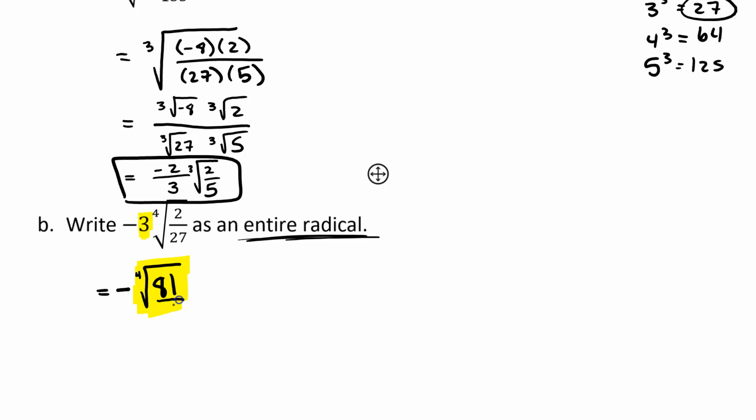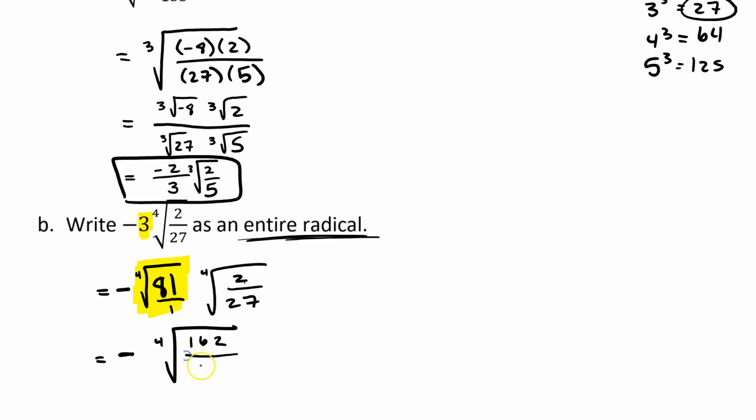And just for kicks, I'm going to put this over 1, because we have a fourth root here of 2 over 27. I'm going to keep this negative sign out in front to have the fourth root of 81 times 2, which is 162, over 27. And that, my friends, is our answer.